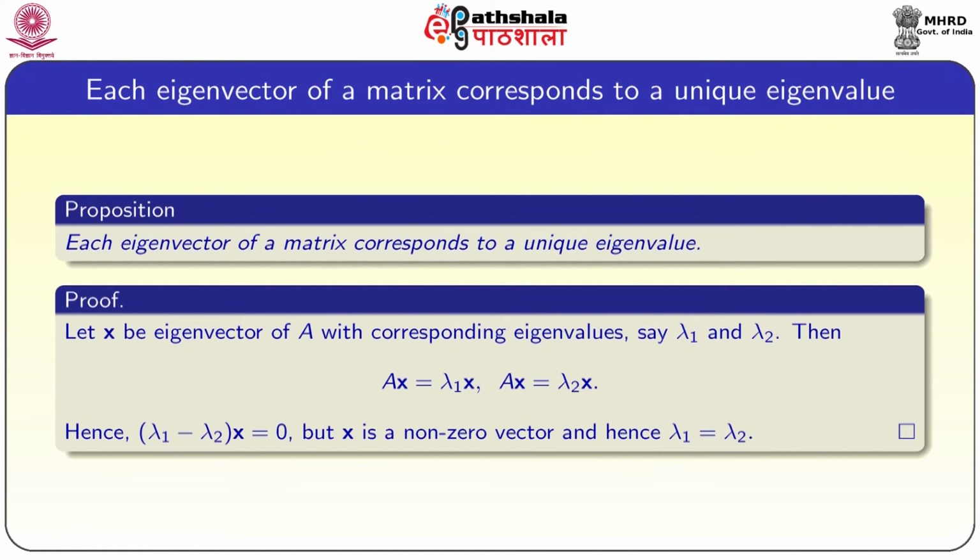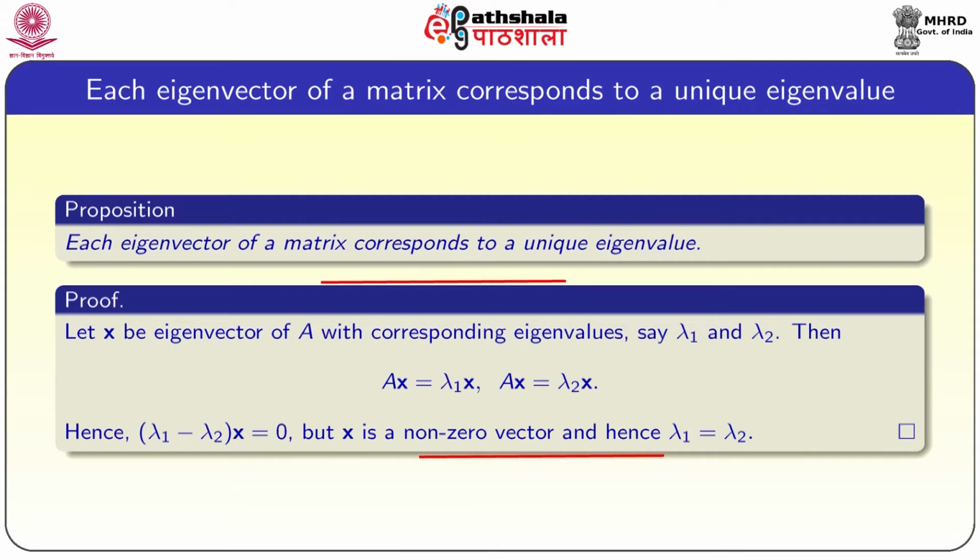The proof goes like this: let x be an eigenvector of A with corresponding eigenvalues, say lambda 1, lambda 2. That means we are assuming there exist two eigenvalues lambda 1, lambda 2 corresponding to eigenvector x. So, we have to show that lambda 1 is equal to lambda 2. Then since lambda 1 is an eigenvalue and x is an eigenvector, we have Ax equal to lambda 1 x, also Ax equal to lambda 2 x.